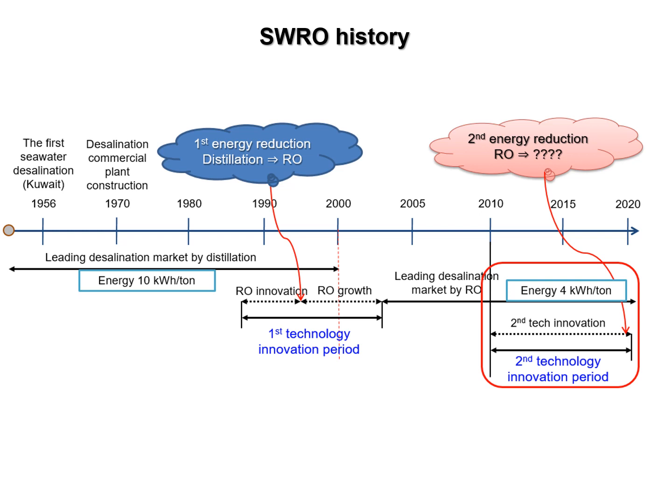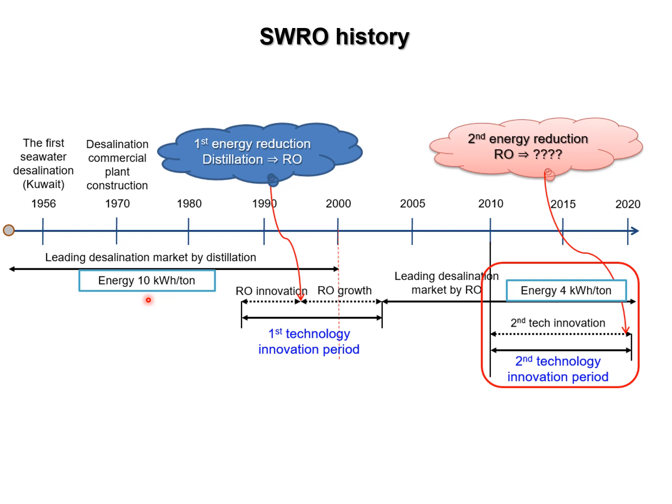SWRO, let's look at the history. We started with SWRO, first seawater desalination in Kuwait in 1956, and desalination commercial plant construction in 1970. And the leading desalination market at the time was distillation. The problem was that energy consumption was very high, 10 kilowatt hour per cubic meter.